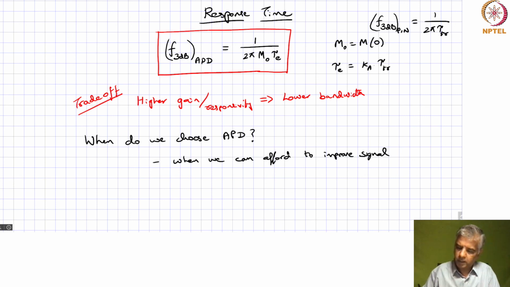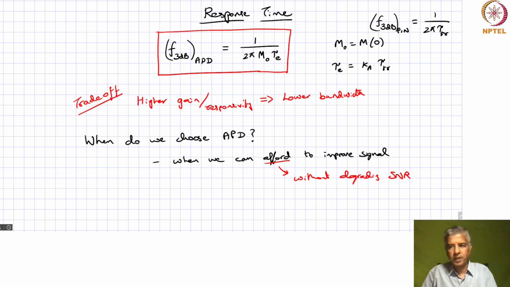And what do we mean by this word afford? What we are talking about is improving the signal without degrading the signal to noise ratio. Now, of course, we have not talked about noise very much, so that is something that we will go into in a little more detail shortly.